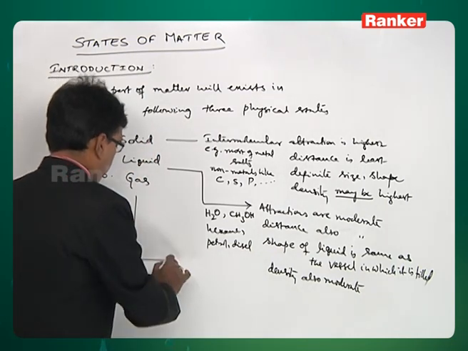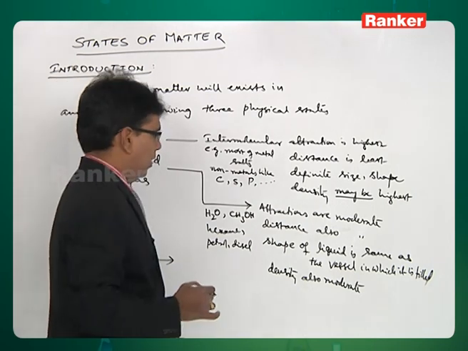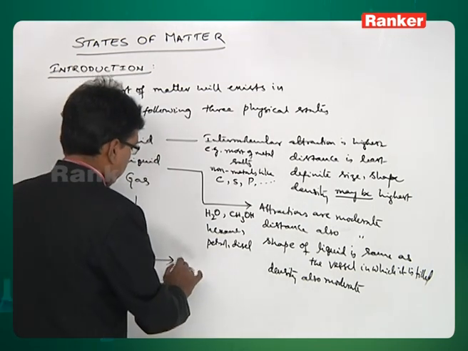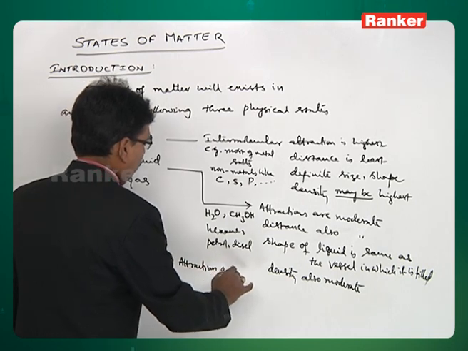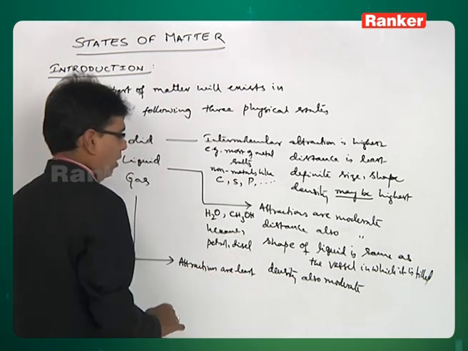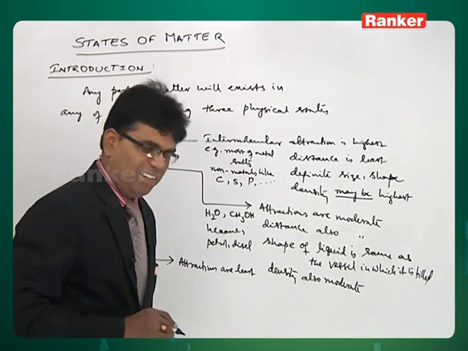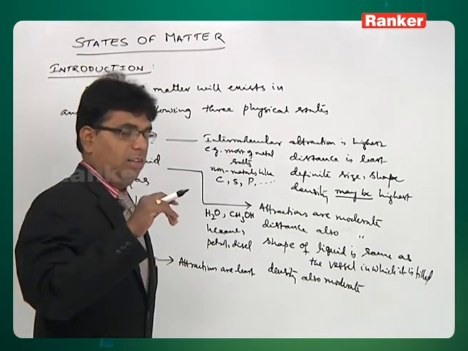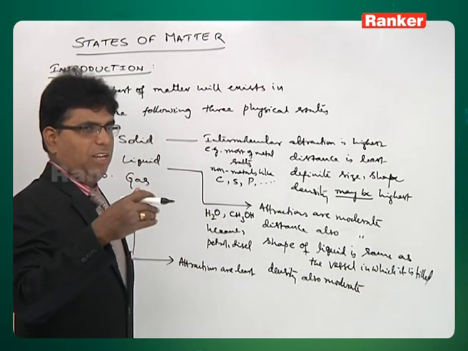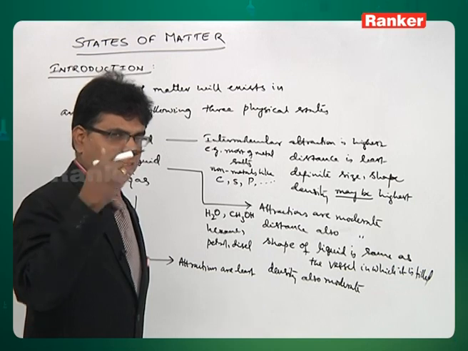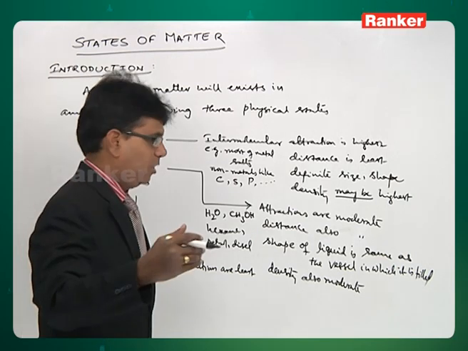Then coming to gases, gases are the ones where the intermolecular attractions are least. Later in this chapter we will discuss the ideal gas. An ideal gas is one where the intermolecular attraction is completely neglected; we take it as negligible.